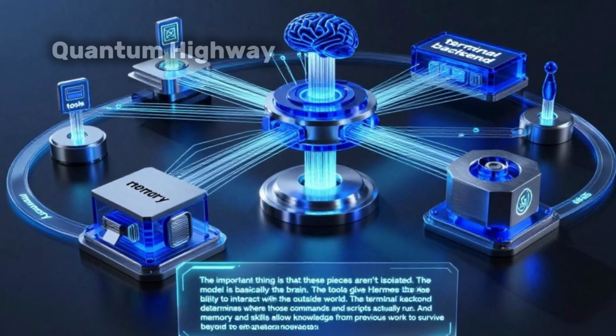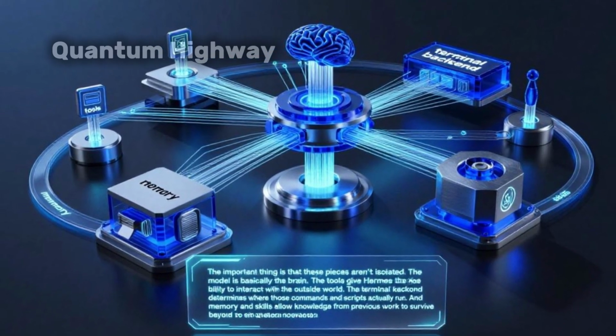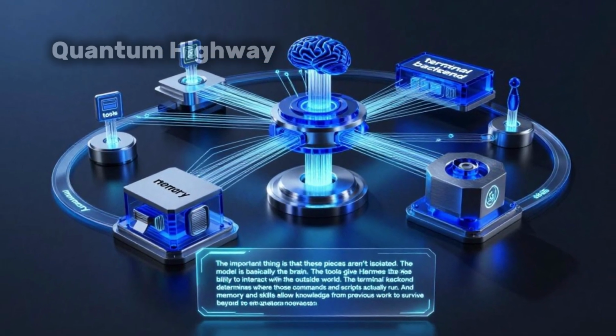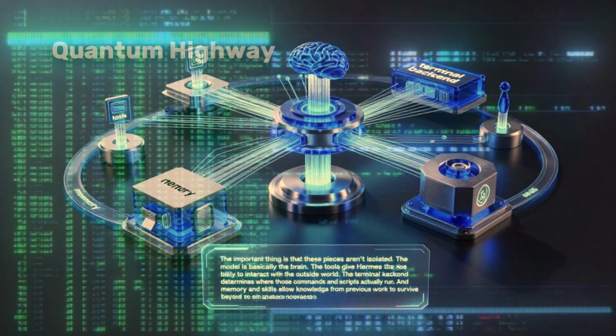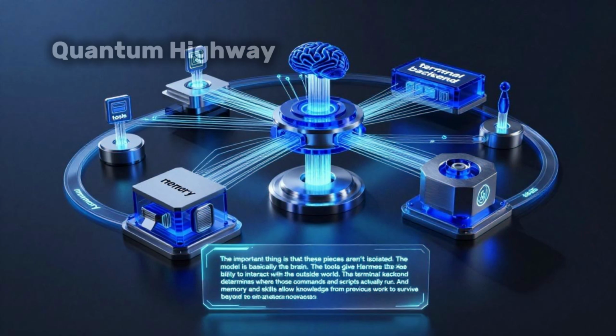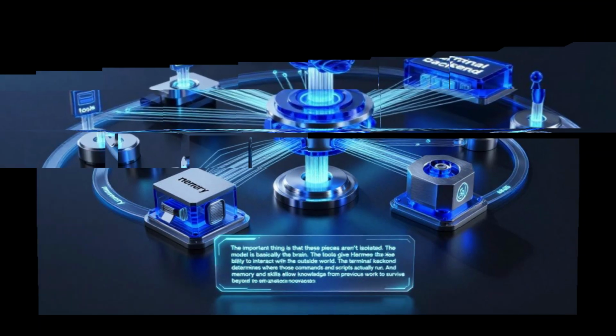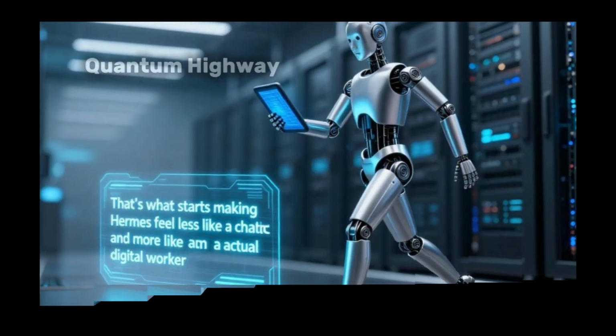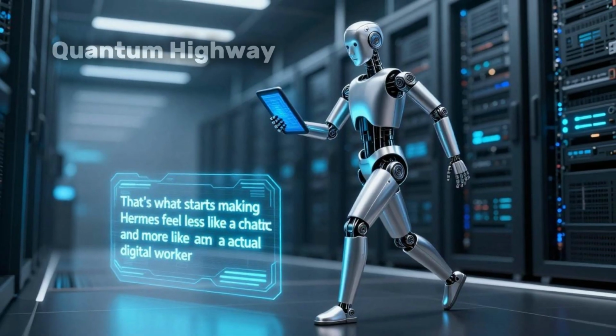The model is basically the brain. The tools give Hermes the ability to interact with the outside world. The terminal backend determines where those commands and scripts actually run. And memory and skills allow knowledge from previous work to survive beyond a single conversation. That's what starts making Hermes feel less like a chatbot and more like an actual digital worker.